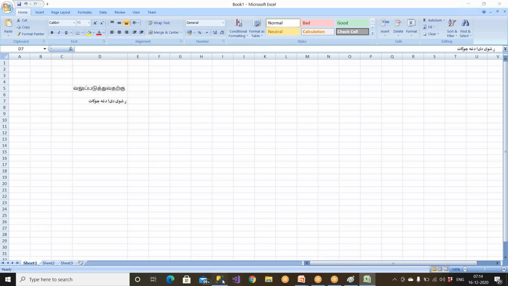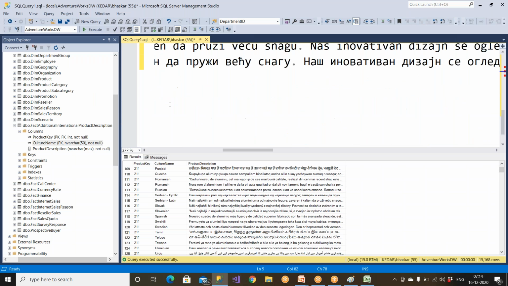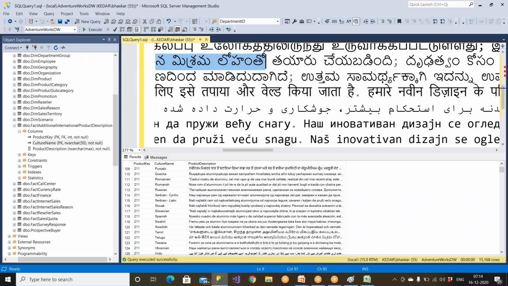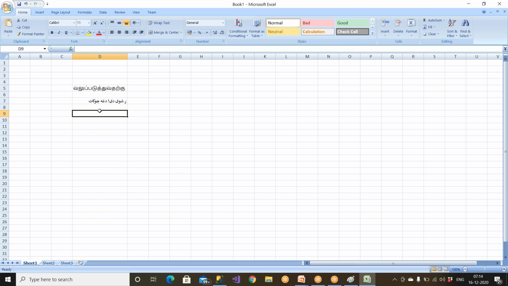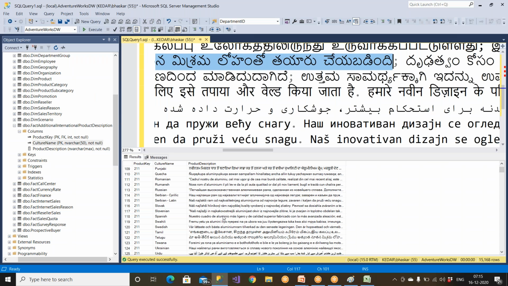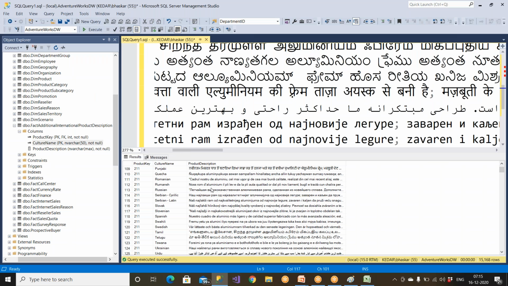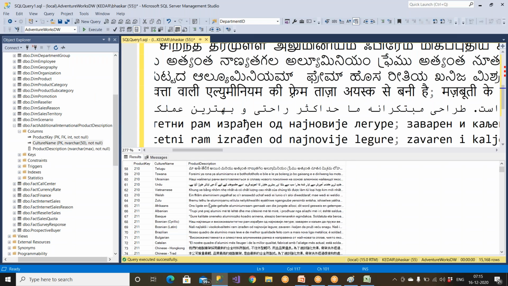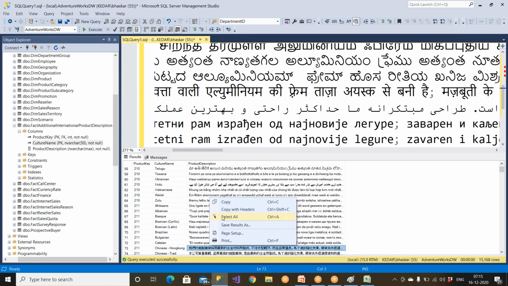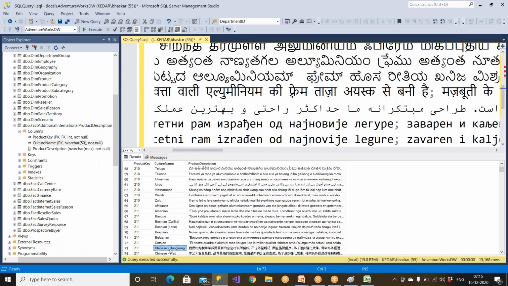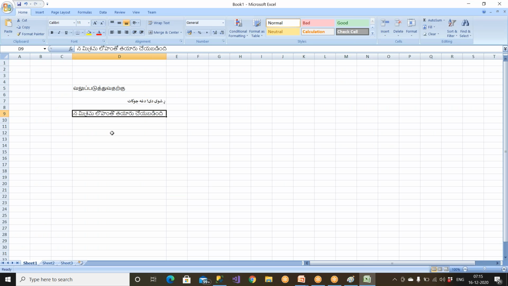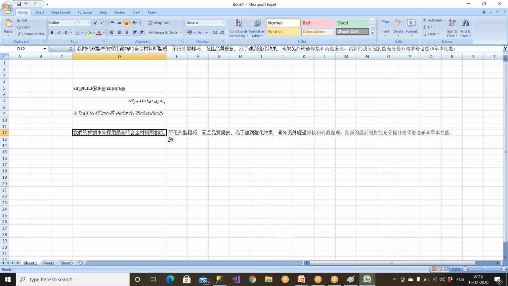Now let me take one of the Indian languages data. I wanted to show you how each application is supporting it today. Now you take Chinese data as well. Let me take Chinese Hong Kong and copy the Chinese data as well.